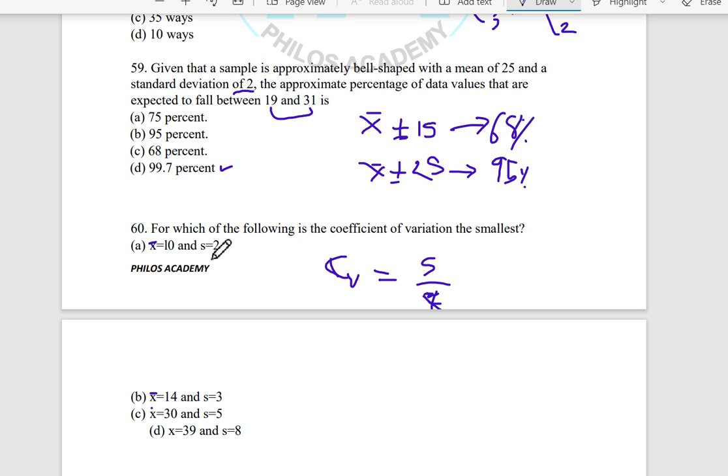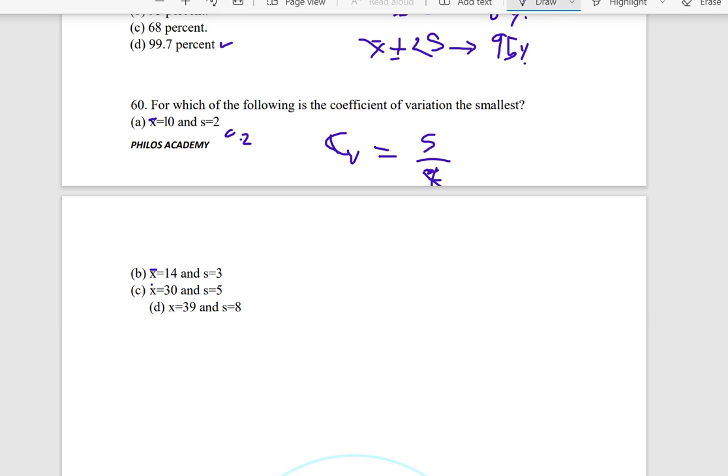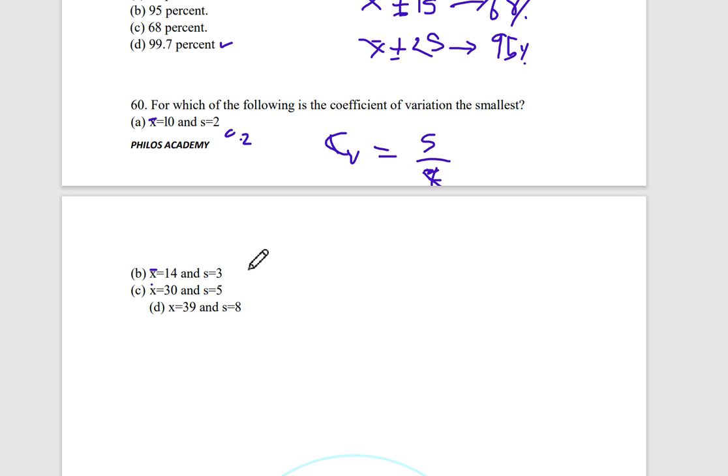So 2 divided by 10 is 0.2. Let's check the next one: 3 divided by 14, use your calculator, gives 0.214.